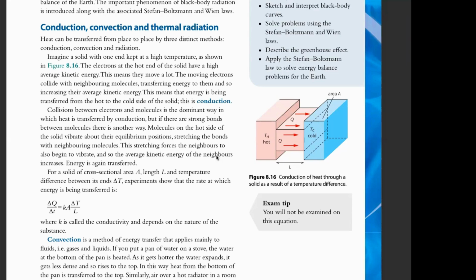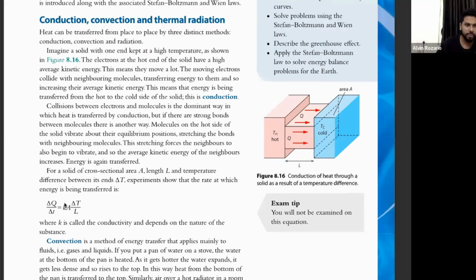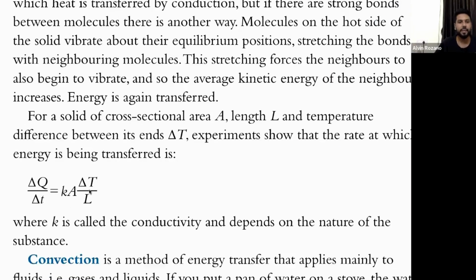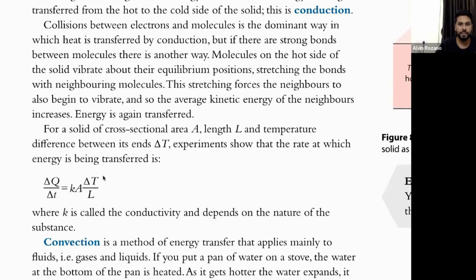Here there's a formula that you can make a note of. Delta Q by delta T is K A into delta T by L, where A is the cross-sectional area, length is L, and the temperature difference between the ends is delta T. And K is called conductivity.